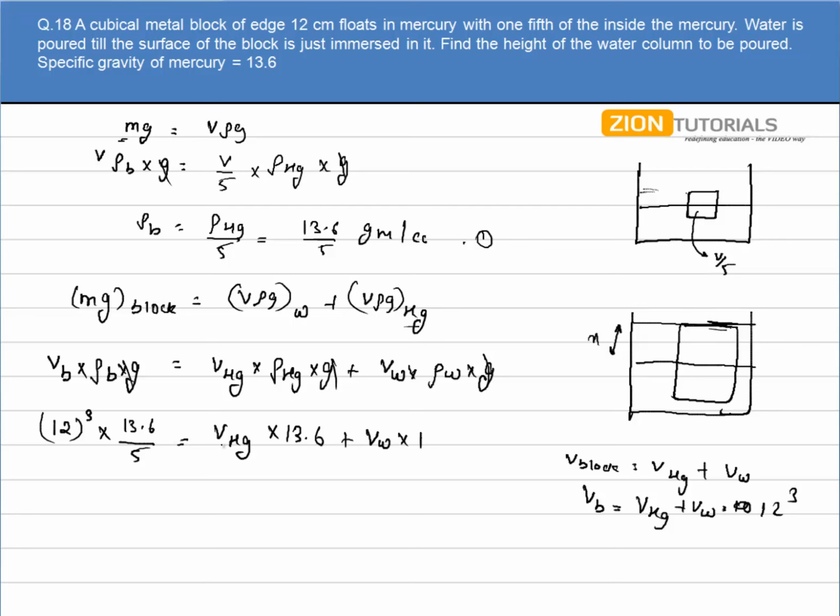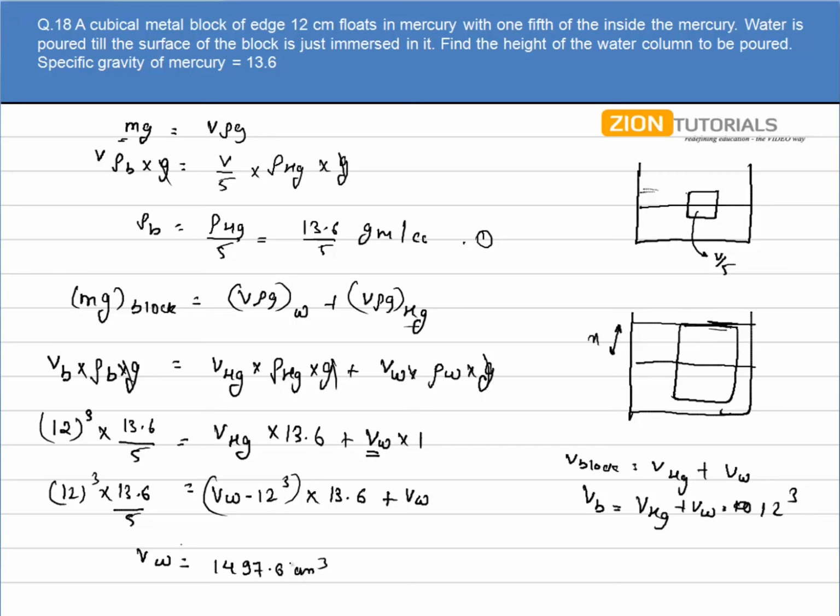So if I had to calculate the height of water, what I can do is I will calculate the value of Vw. Okay, so the value of Vw can be calculated by replacing Vhg by Vw minus 12 cube into 13.6 plus Vw into 12 cube into 13.6 by 5. So Vw comes out to be 1497.6 centimeter cube.